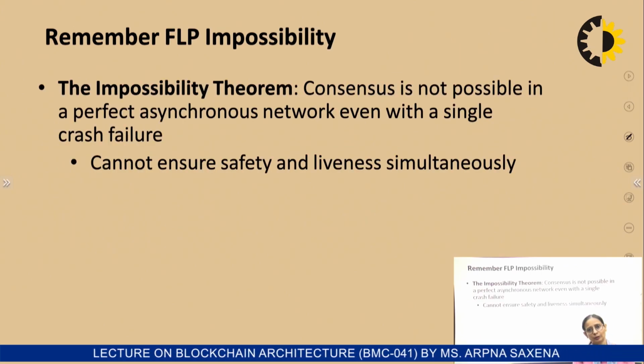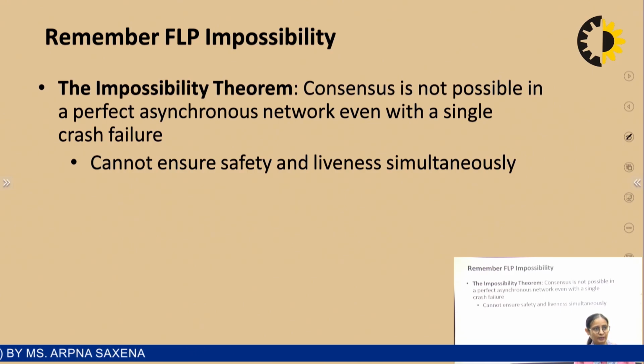Before discussing PoW, we should also remember the FLP impossibility. What does the FLP impossibility say? It says consensus is not possible in a purely asynchronous network even with a single crash failure. That is, it cannot ensure safety and liveness together.